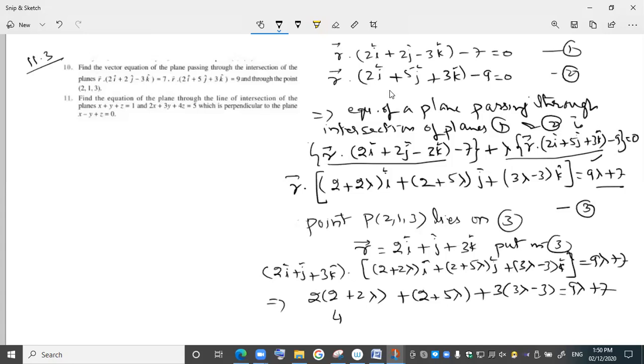So 2 2s are 4 plus 4 lambda plus 2 plus 5 lambda plus 3 3s are 9 lambda minus 9 is equal to 9 lambda plus 7. 5 lambda plus 4 lambda is 9 lambda, and 4 plus 2 is 6.